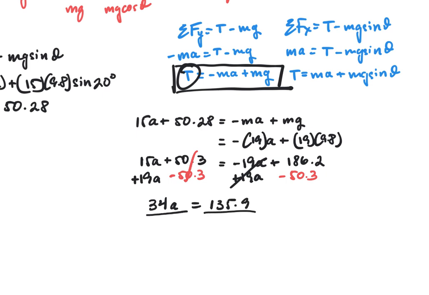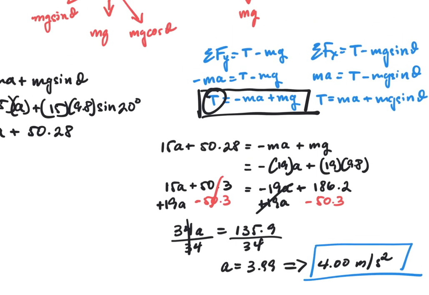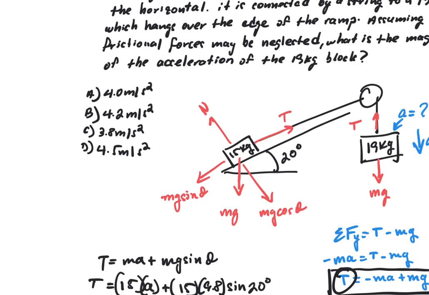When we divide by 34 on both sides, our acceleration becomes 135.9 divided by 34, which is 3.99. We round it off to 4.0 meters per second squared. So our final answer is 4, which corresponds to 8.